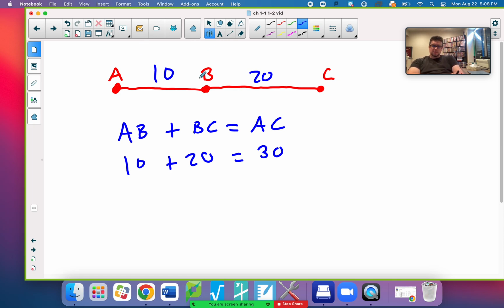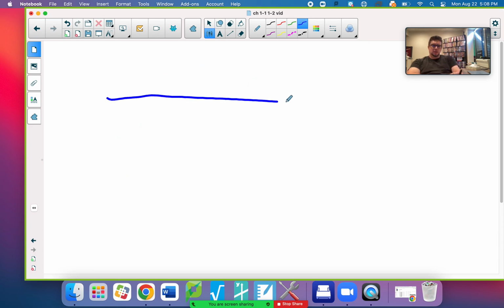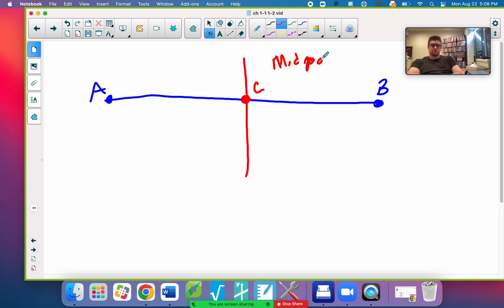Now sometimes this point B perfectly splits a line in half. If I have A and B, and a point splits it in half, call it C, the point is called the midpoint, halfway between A and B. The line is known as the segment bisector, splitting your segment in half.